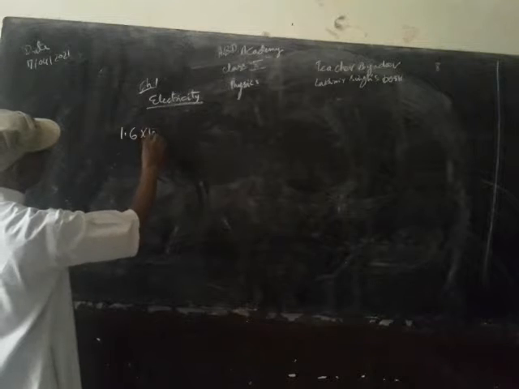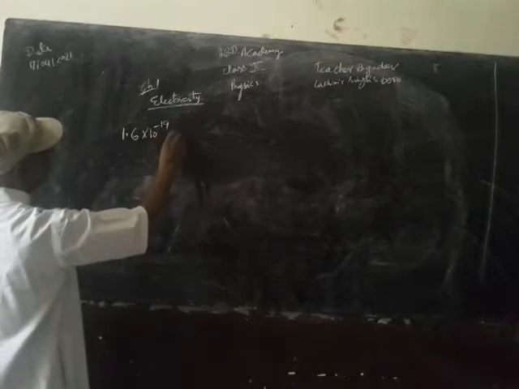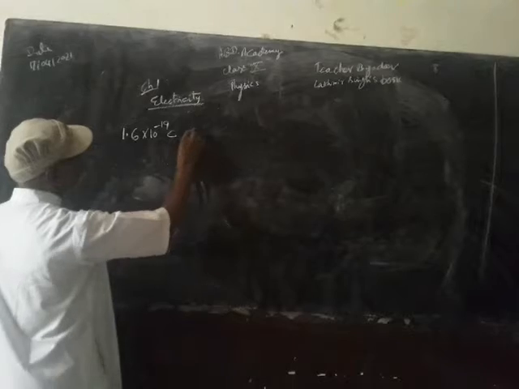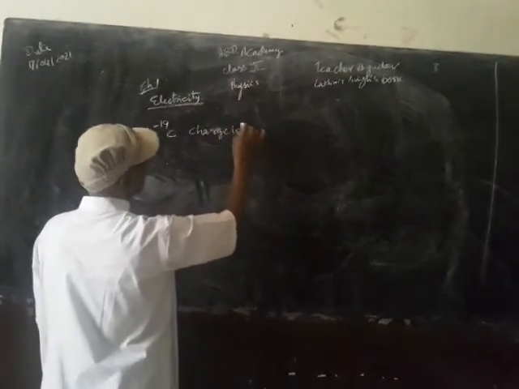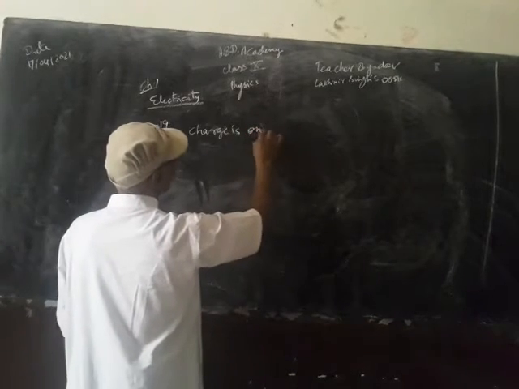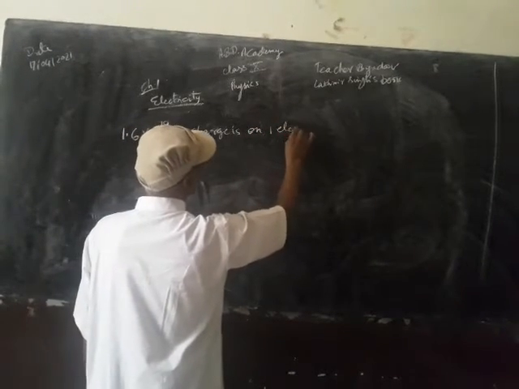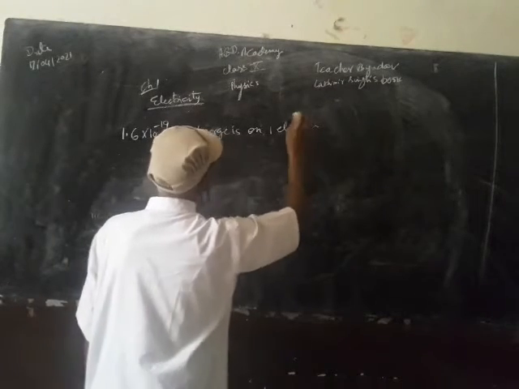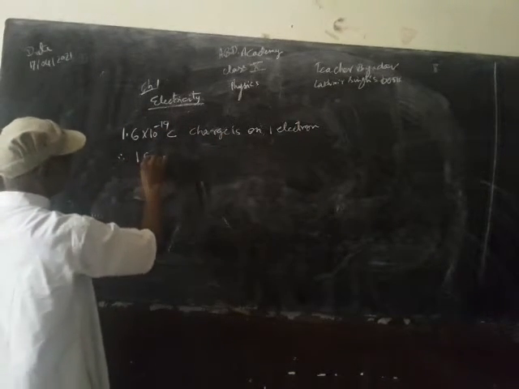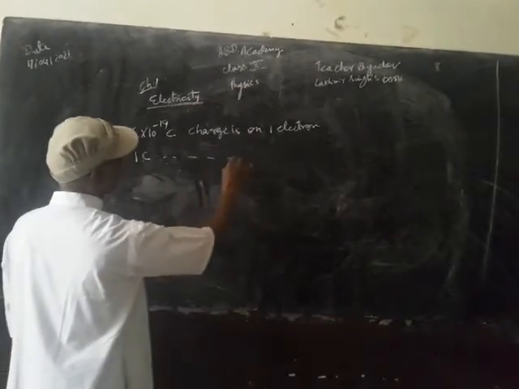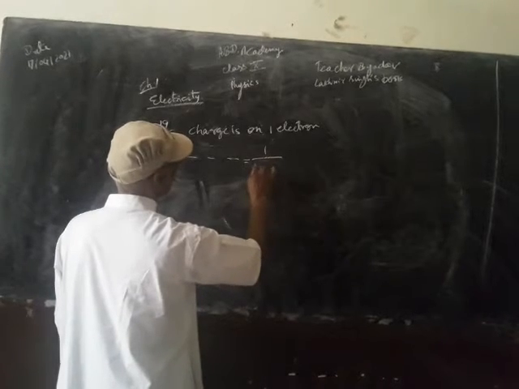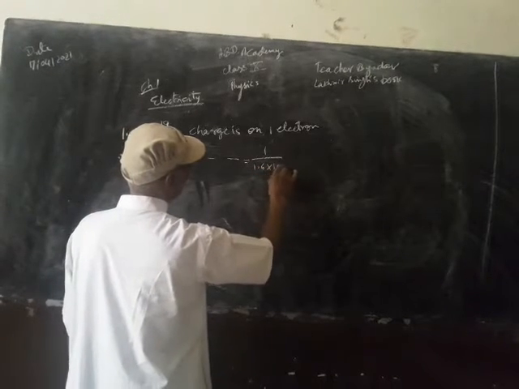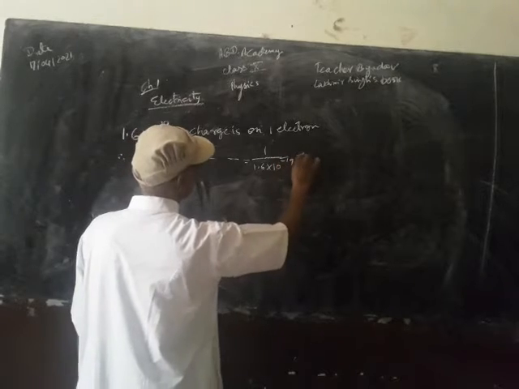You can calculate very easily. 1.6 into 10 to the power minus 19 coulomb charge is on one electron. Therefore, 1 coulomb, which is a big amount of charge, will be carried by 1 upon 1.6 into 10 to the power minus 19 electrons.